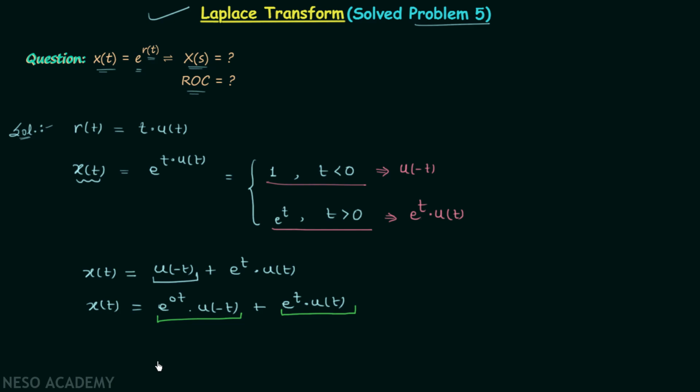So let's calculate the region of convergence of this signal. According to the shortcut method, we compare sigma with the real part of the coefficient of t in the exponential.